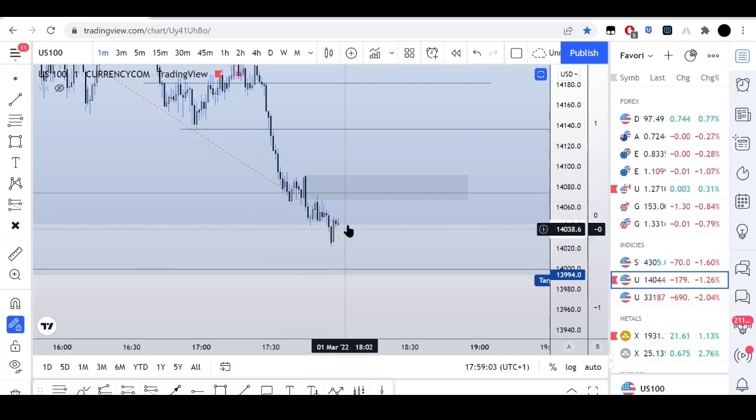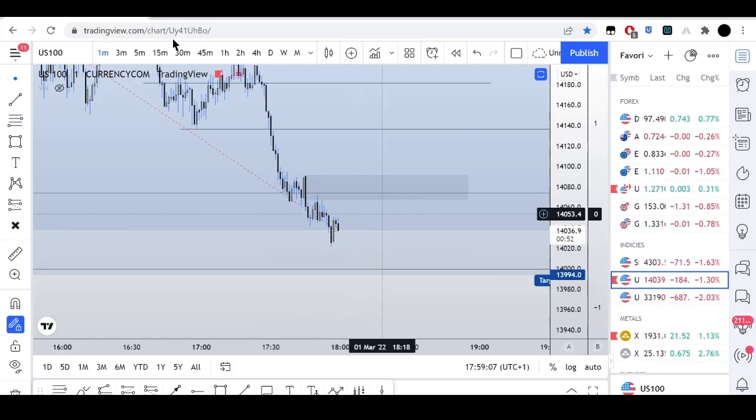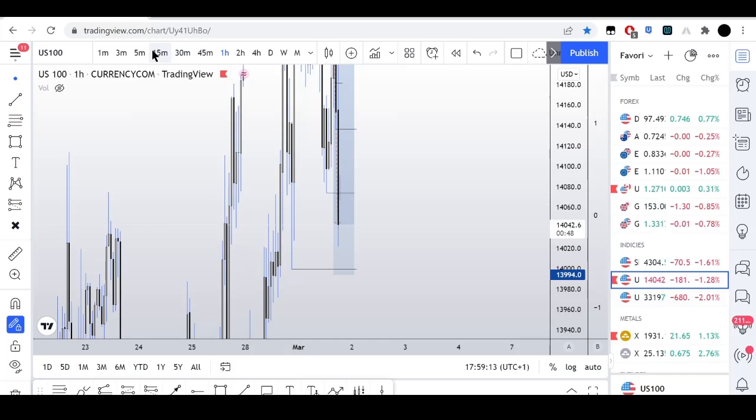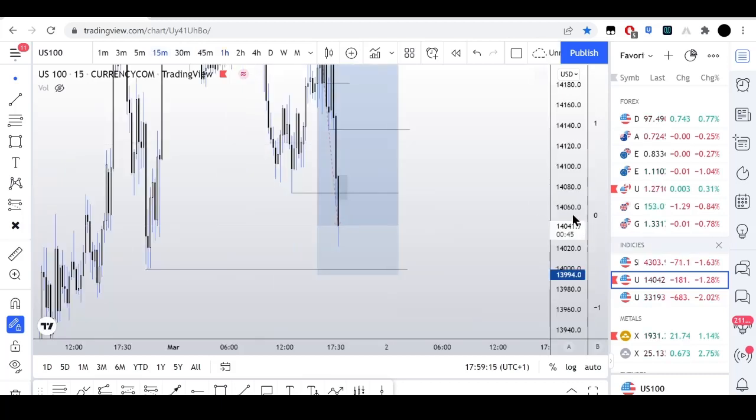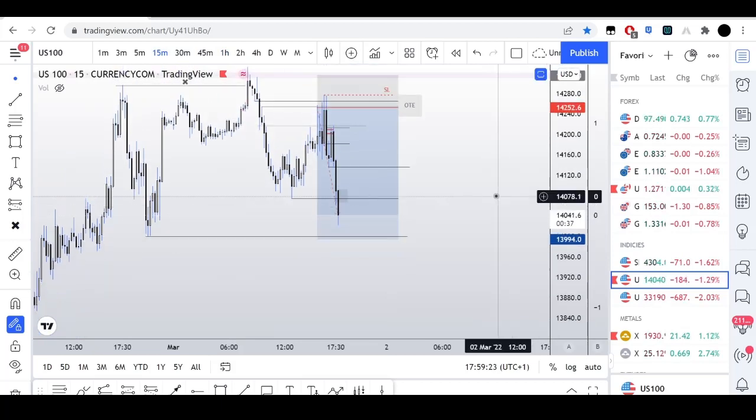So maybe the next hourly candle might do like a Judas, take out liquidity here and then continue up. So here's the last 1 minute candle right here. See what it does.